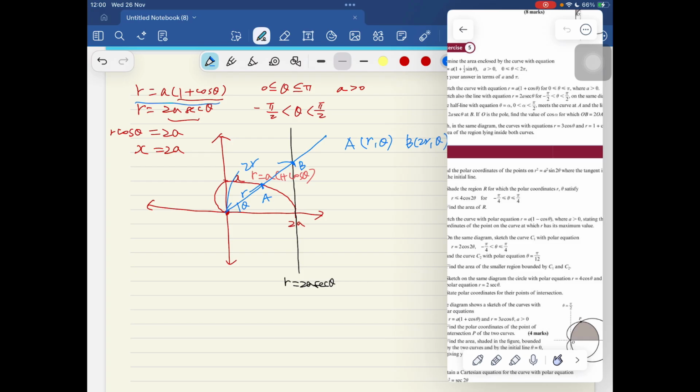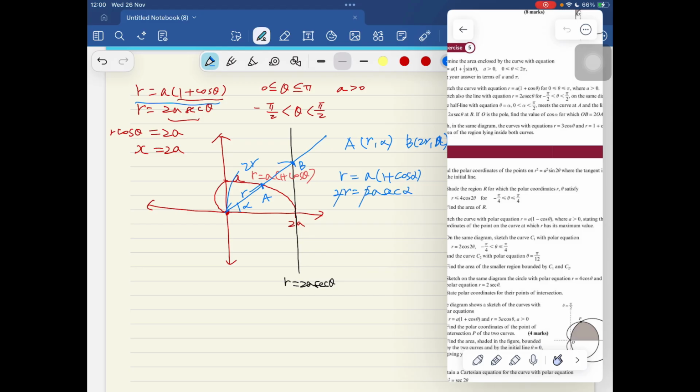So for A, r = a(1 + cos alpha), since theta is alpha, and 2r = 2a sec alpha.